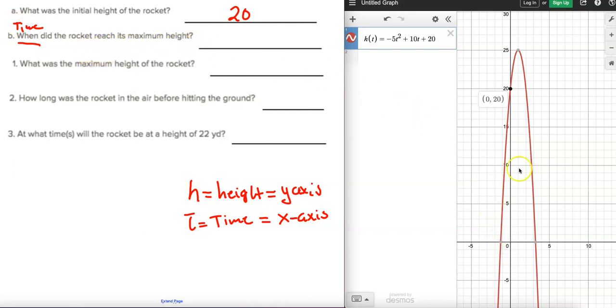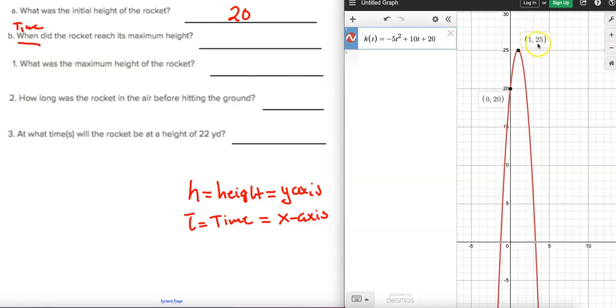So I see the rocket started here. It went up, it was launched into the air, then boom, it hit this height right here. As you can see, some of you will notice that this is a vertex, and you have 1, 25. Well, the 1 represents after 1 second, the rocket was at a height of 25.